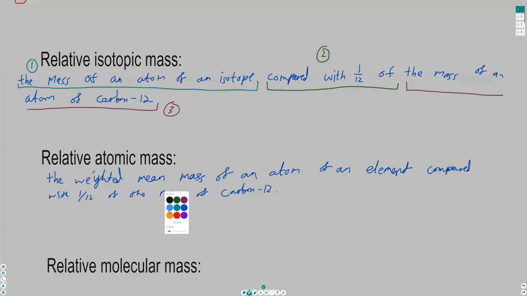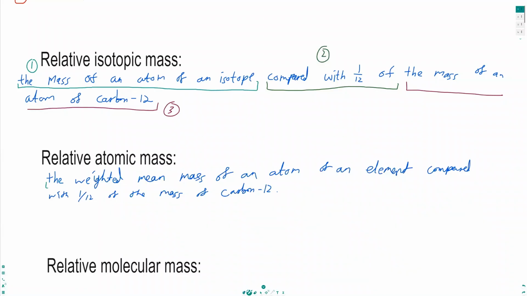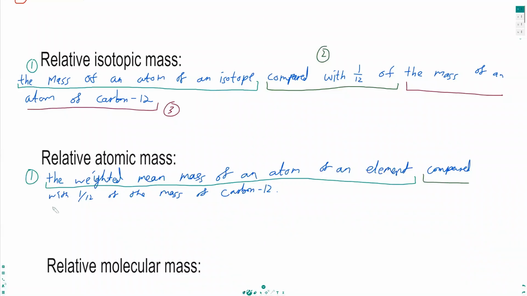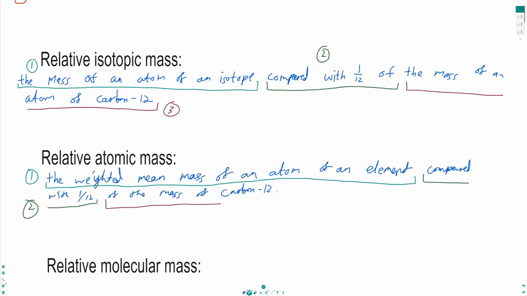Again, the definitions, the marks are as follows. It's the weighted mean mass of an atom of an element: there's the first mark. Compared with 1/12: second mark. Of the mass of carbon 12: third mark.